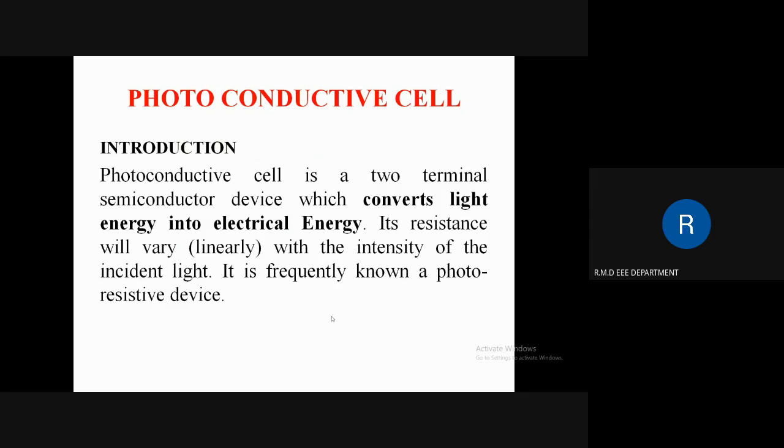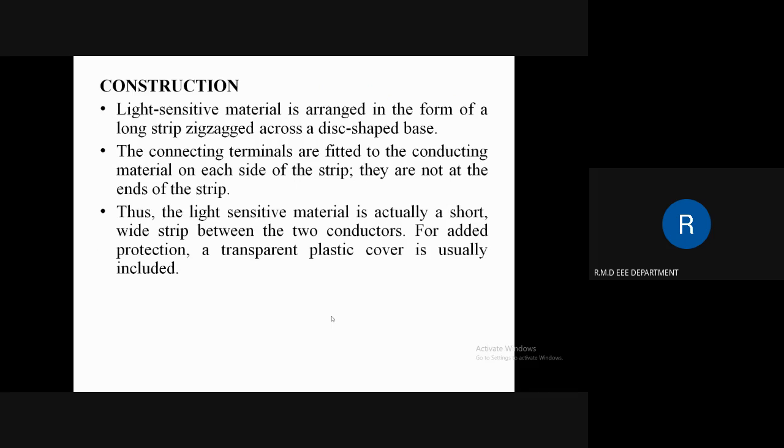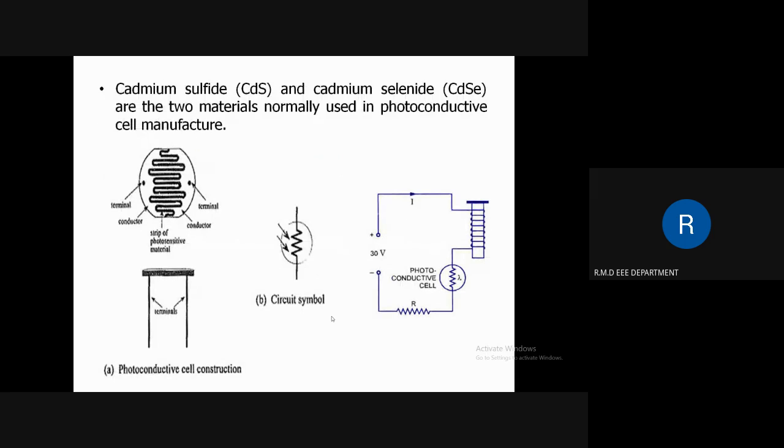Now moving to the construction of this photoconductive material. It is a light sensitive material, and it is arranged in the form of a long strip zigzagged across a disc-shaped base. The connecting terminals are fitted to the photoconductive material on each side of the strip, at the ends of the strip.